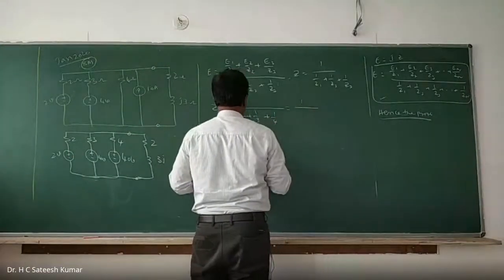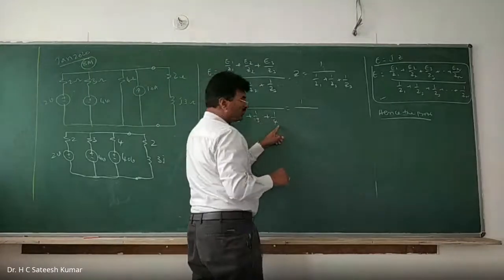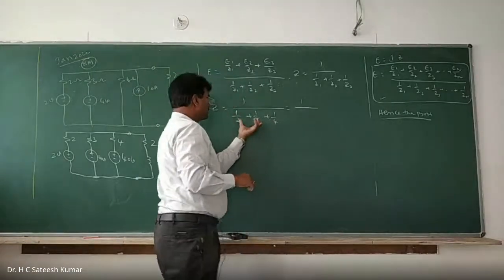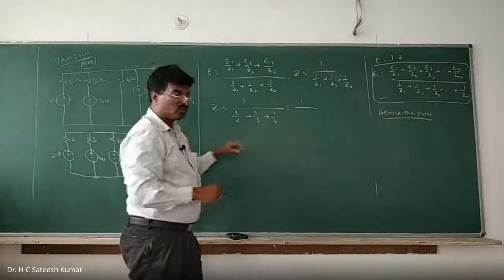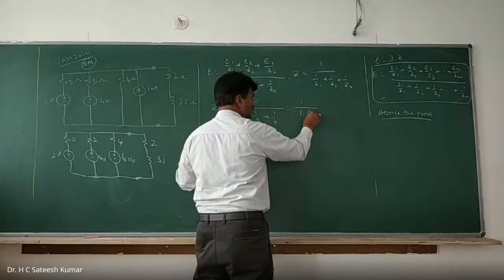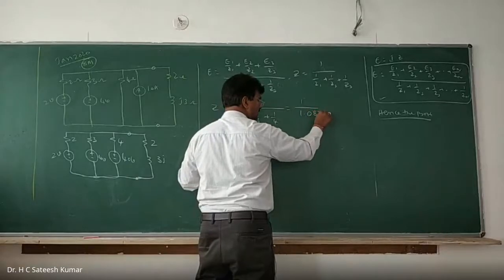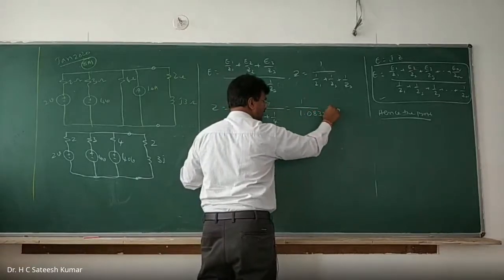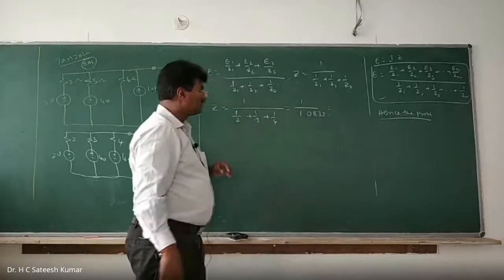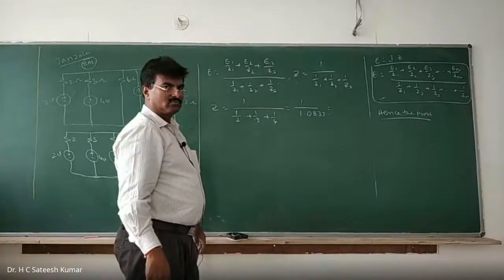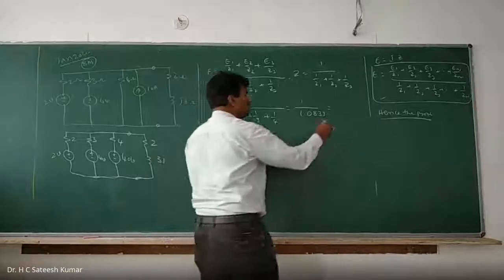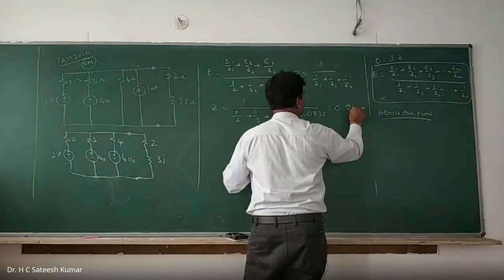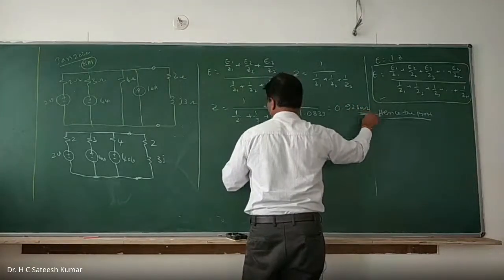First you tell me this bottom only, the denominator. 1.033, 1 by x. 0.9230 ohms. Okay, that is your Z.